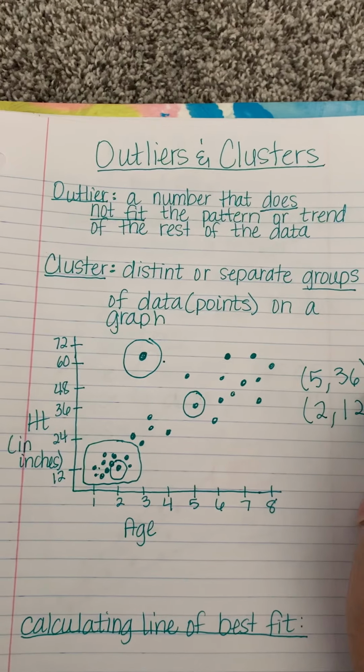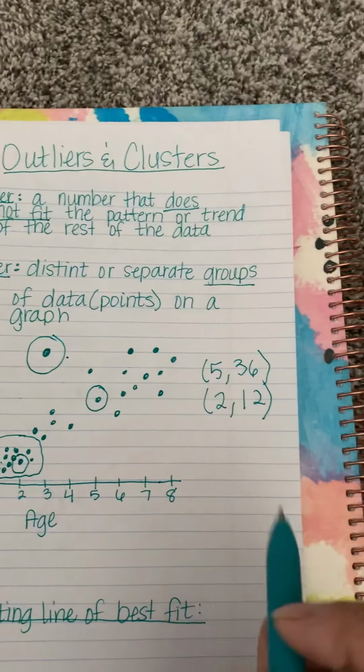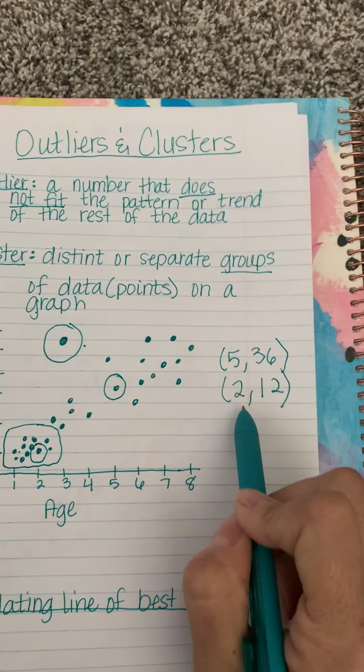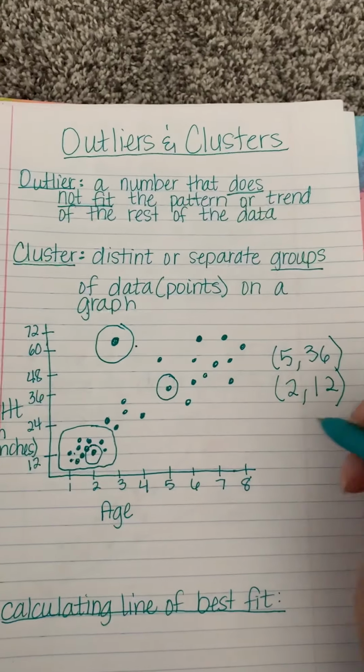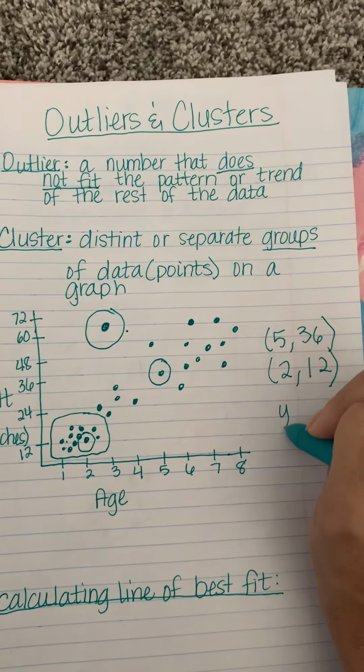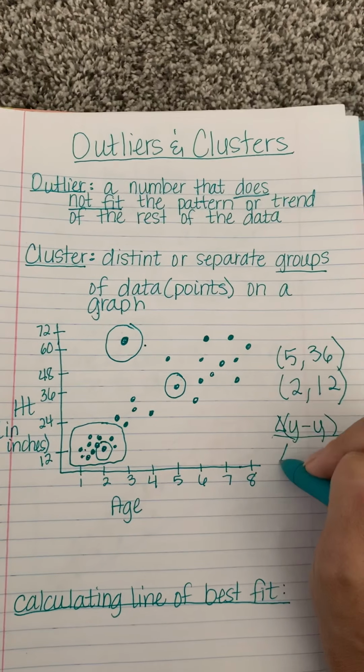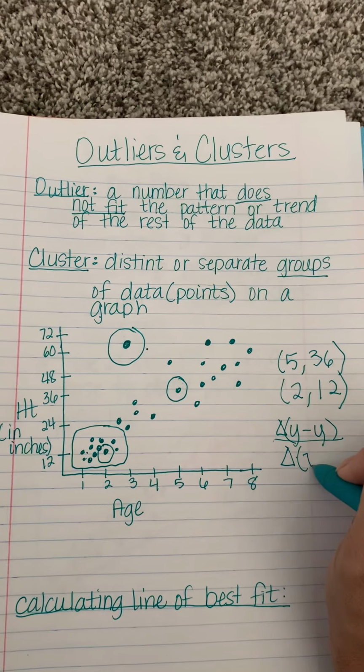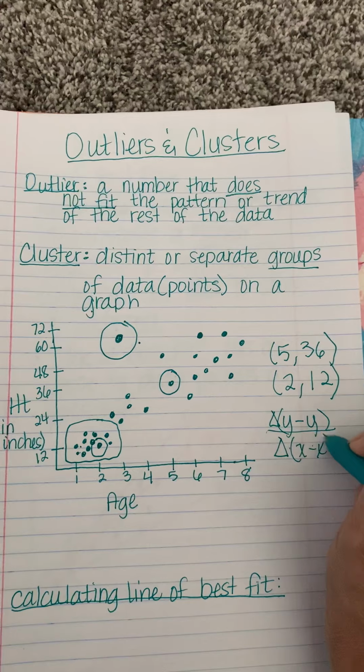2 and 12, okay? And remember, when we use these points, we can create a line using the change of y over the change of x, which is x minus x, remember?